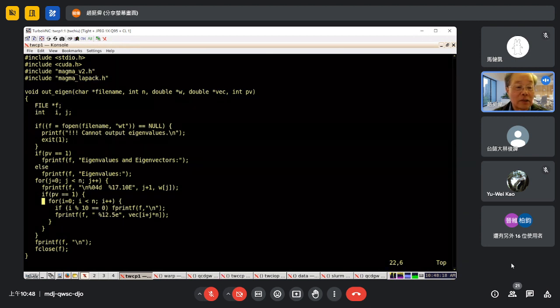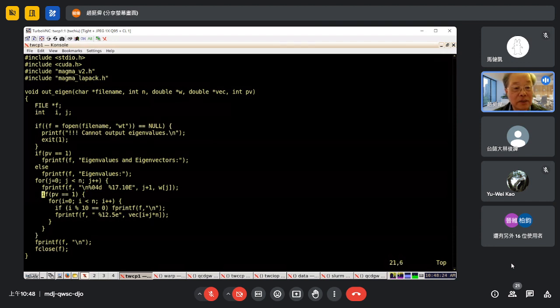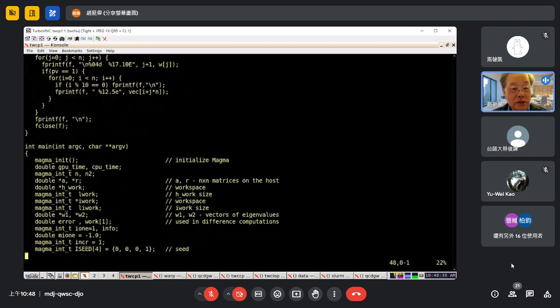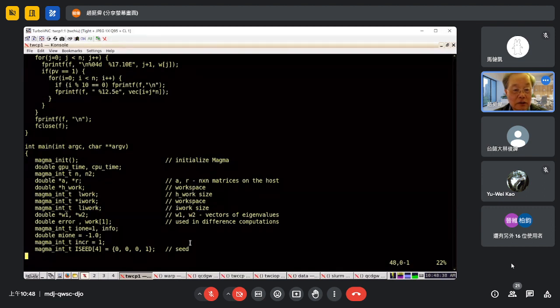If PV is 1, then it also prints the eigenvector. Otherwise, it only prints the eigenvalues. All this part is the same as the cookbook.